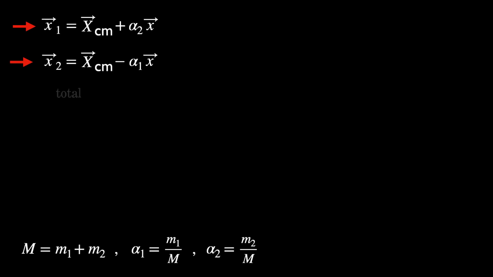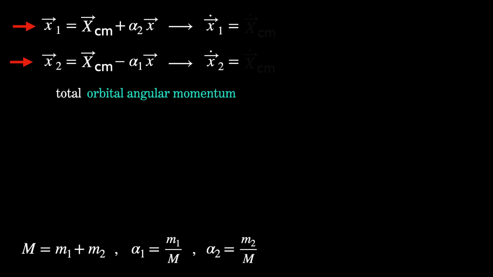Let's calculate the total orbital angular momentum from these results. The velocities of particles 1 and 2 are given by the following.